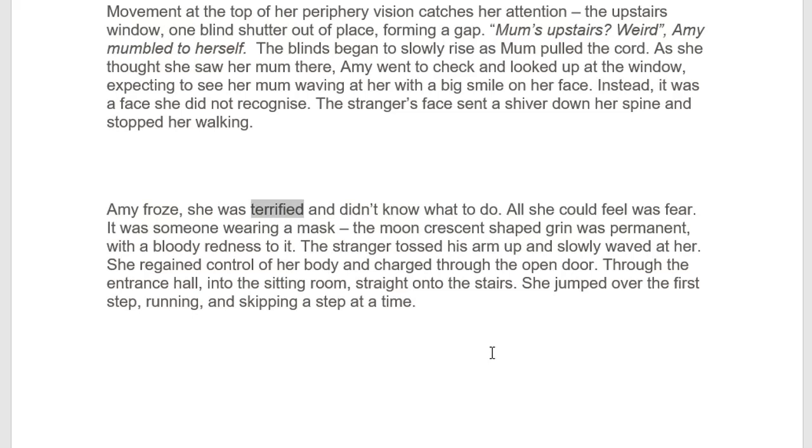The stranger tossed his arm up and slowly waved at her. She regained control of her body and charged through the open door, through the entrance hall, into the sitting room, straight onto the stairs. She jumped over the first step, running and skipping a step at a time. Okay, so this sentence shows us what Amy did, or the action.